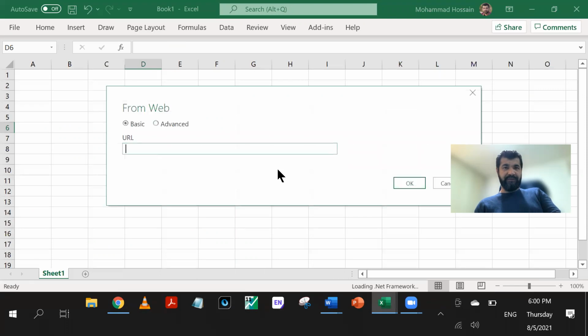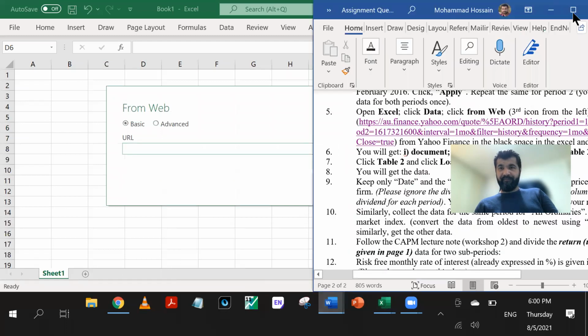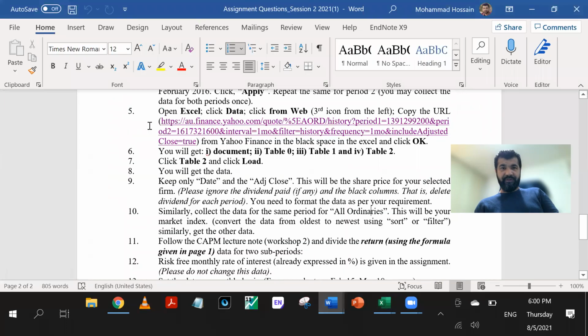You have to close that link. Copy the URL.